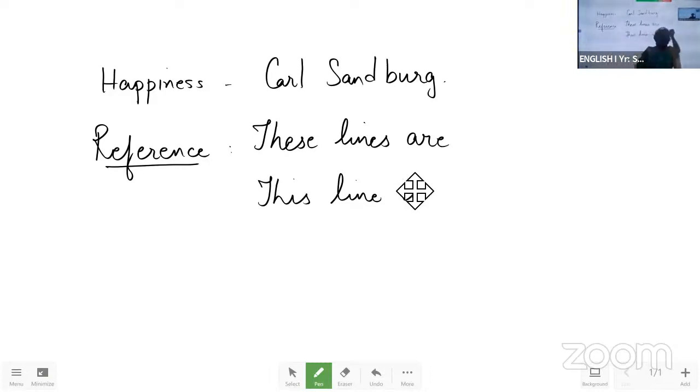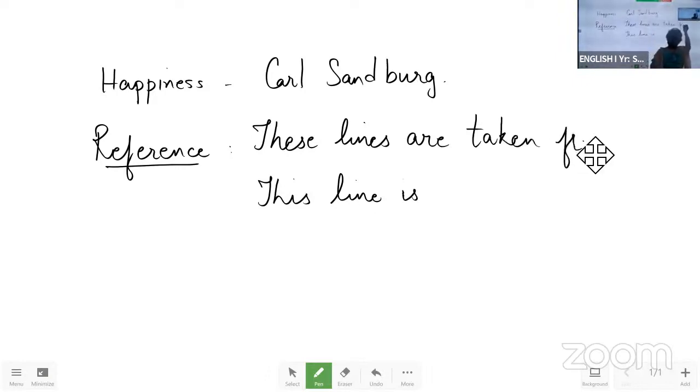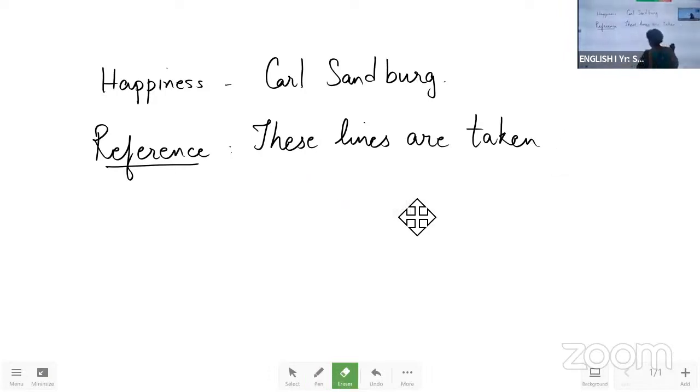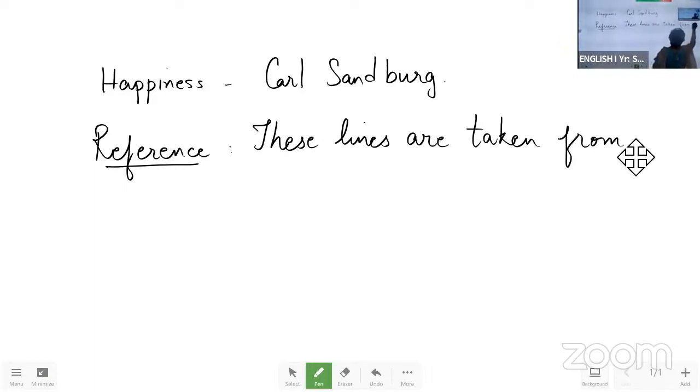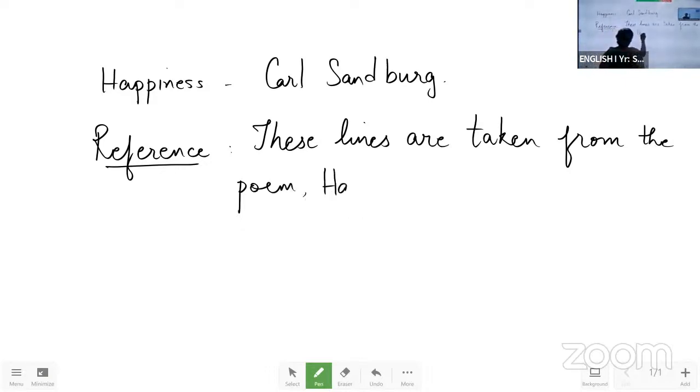These lines are taken from the poem Happiness, capital letter.